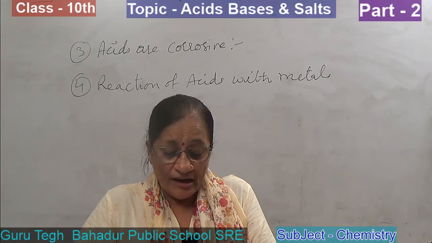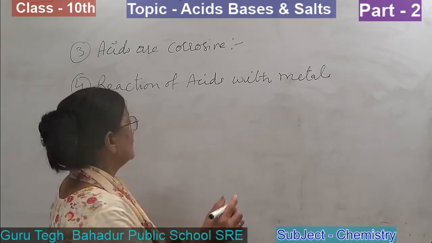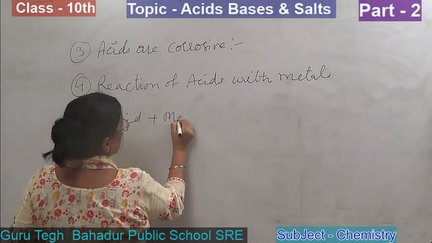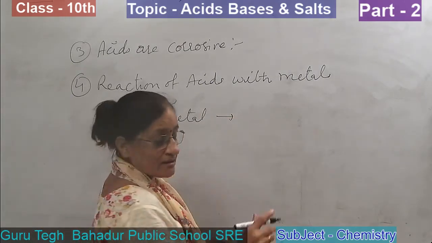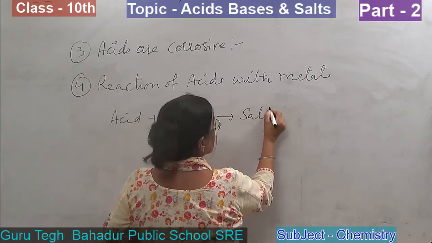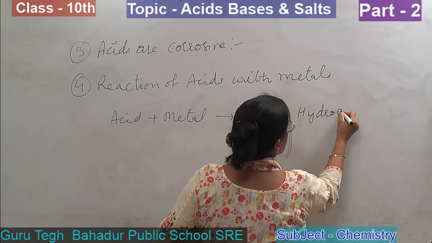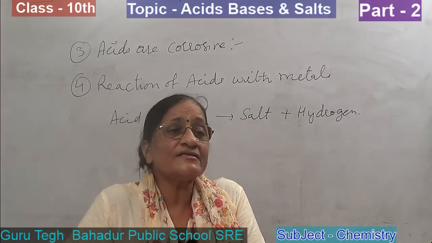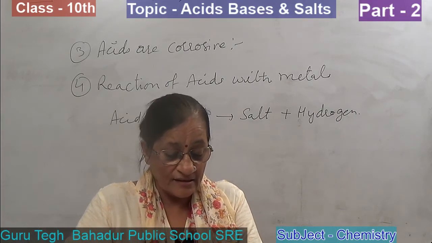So when an acid reacts with a metal, the reaction takes place like this: acid plus metal gives a salt and hydrogen. Salt plus hydrogen is produced, meaning metals displace hydrogen from the acids.